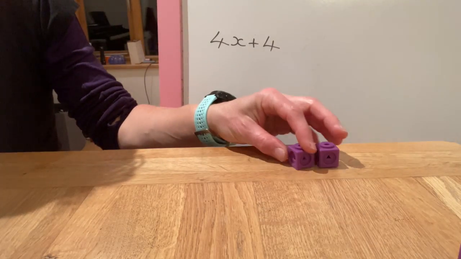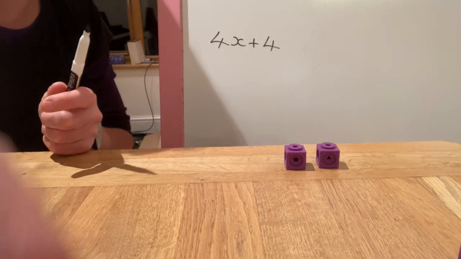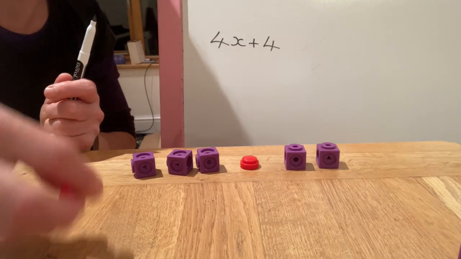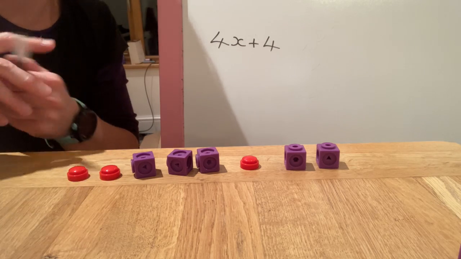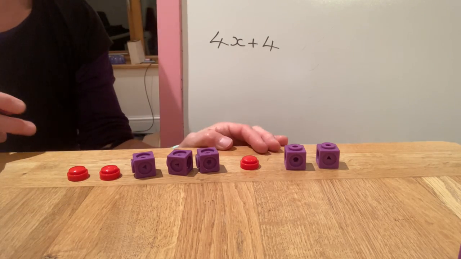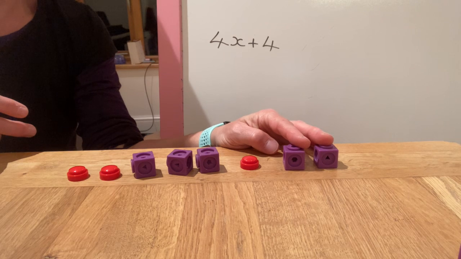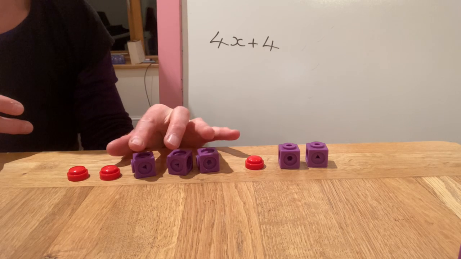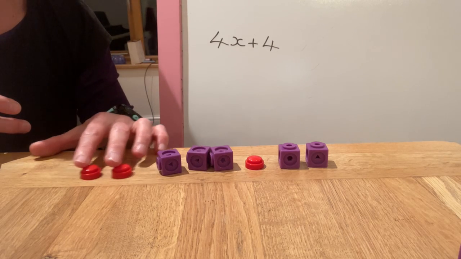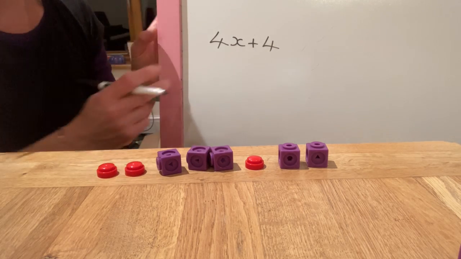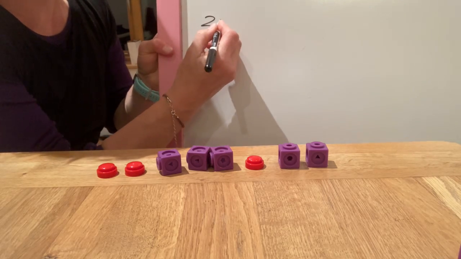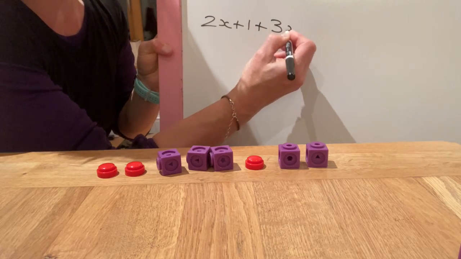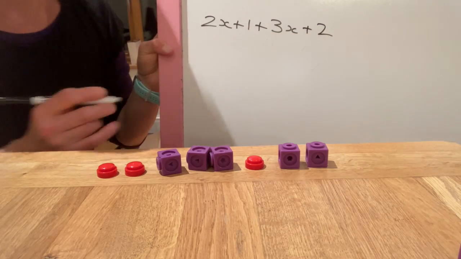What if I put those 2 there, and this one, and we had another 3 of these, and then 2 here. So we've got x and x, so 2x, add 1, add 3x, add 2. So let's write that one down. We've got 2x plus 1 plus 3x plus 2.